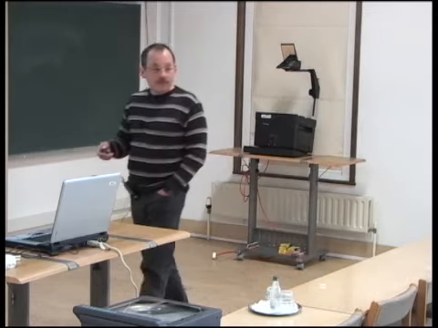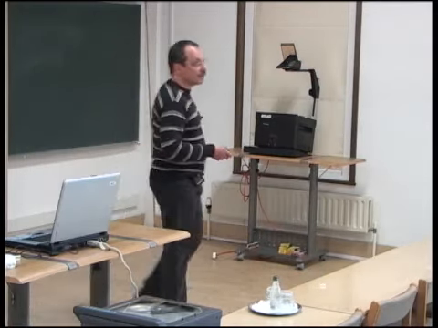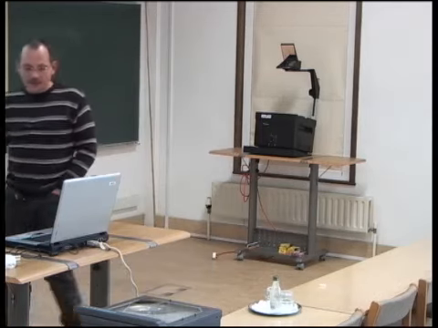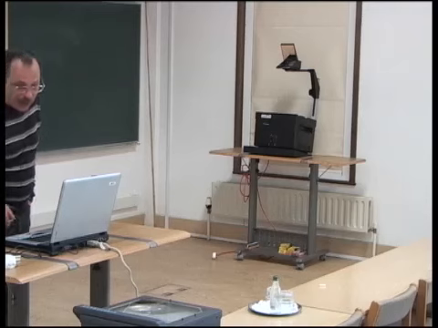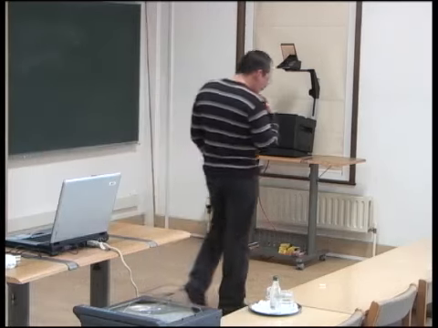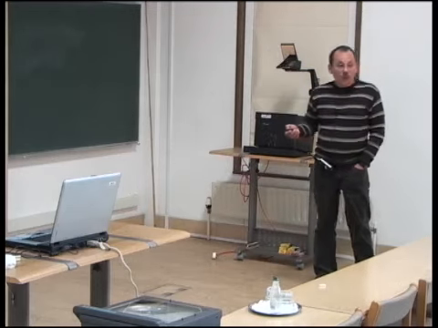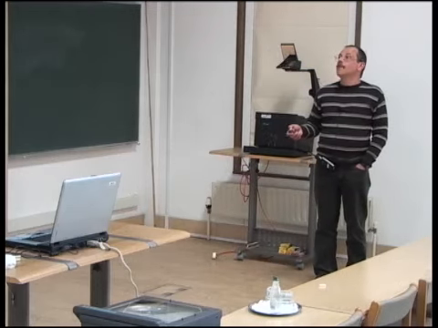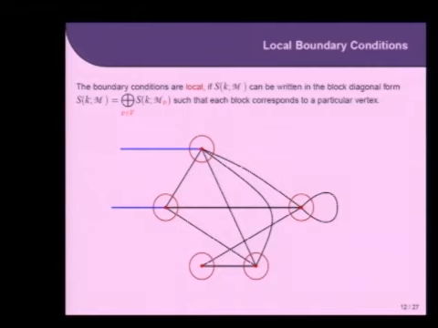If there is such a decomposition, then we state, by definition, that the boundary conditions are local. More intuitively, one can understand it in the following way. If we look at the boundary values at an arbitrary edge, the boundary conditions couple the boundary values of the function and its derivative only at this specific edge and not with the next edge. Then they are local. Obviously, this is the same as decomposition of the unitary matrix S.